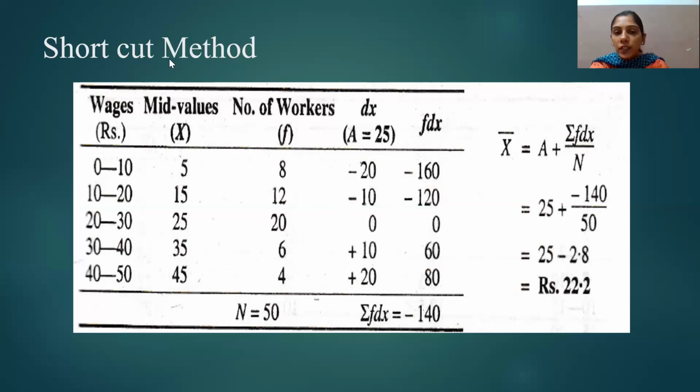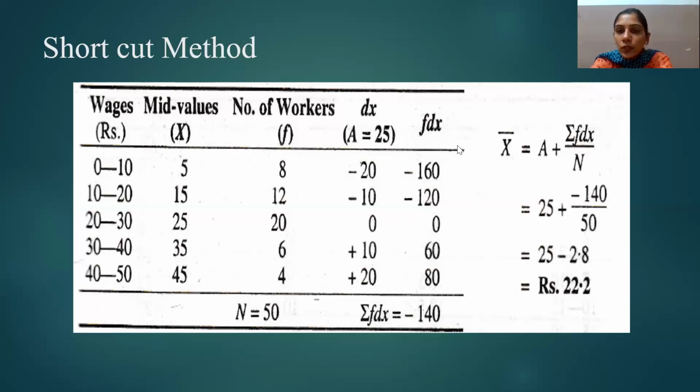If there is a subtraction sign, we have to keep this sign in the value of f dx. We cannot convert or remove this sign. This sign basically helps in calculating the sum of f dx.